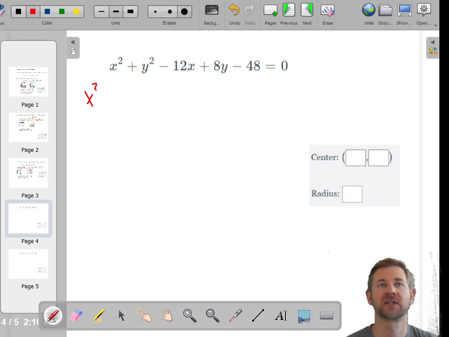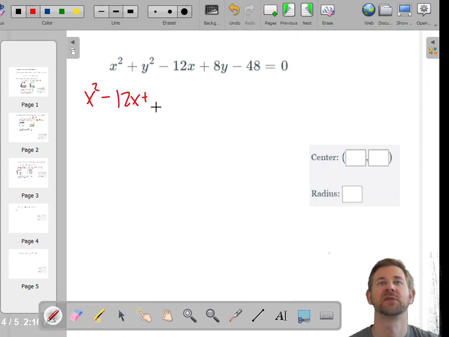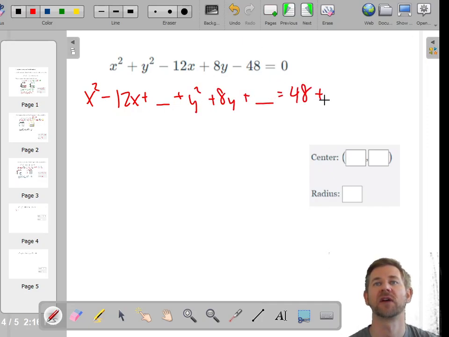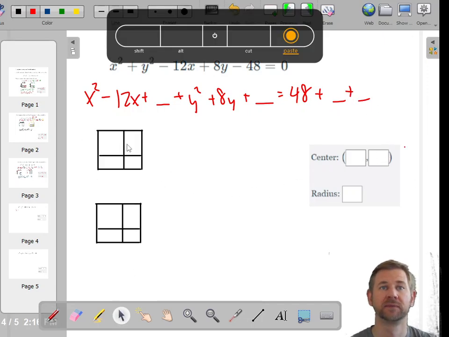First, sort it. x squared minus 12x plus something, y squared plus 8y plus something, add 48, and give yourself a couple blanks. Draw your pictures.